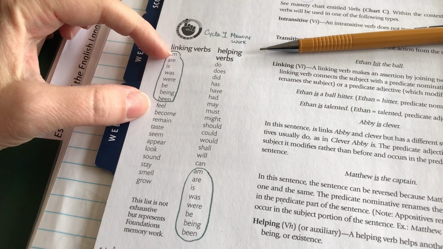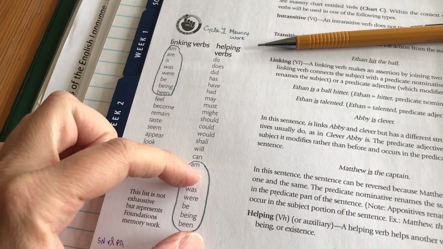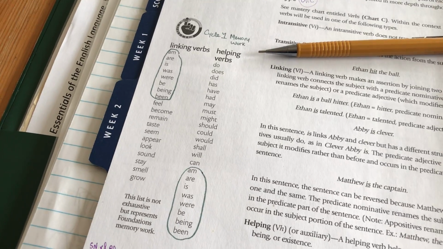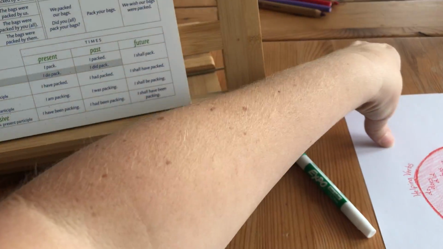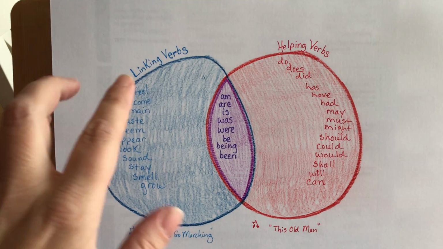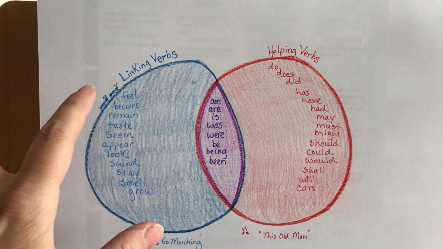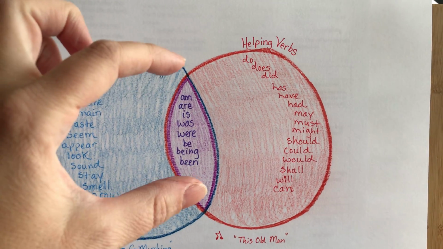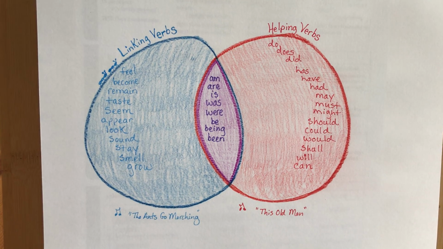The verbs that are forms of to be are in both categories depending on the context of the sentence. I made a chart to help you see the overlap. And these are the linking verbs list. These are the helping verbs list. But there's that certain group that can be classified as either one.